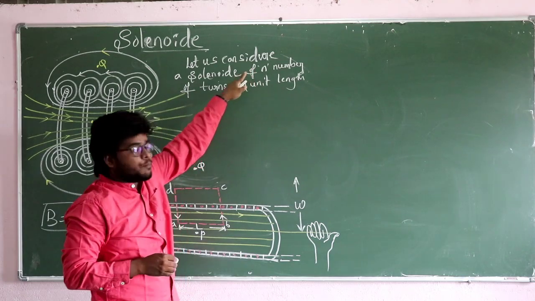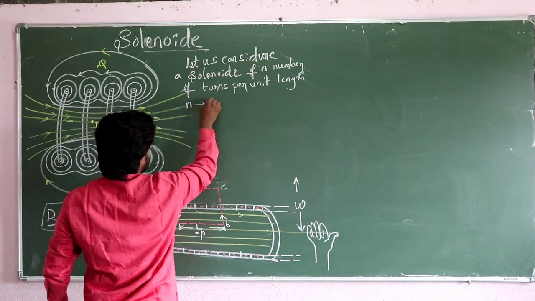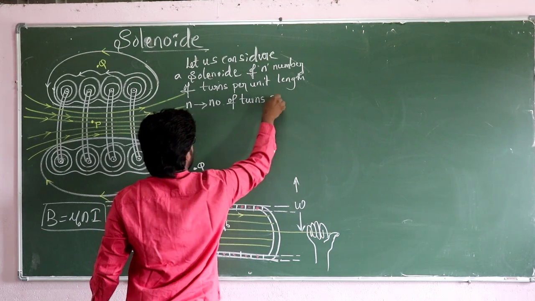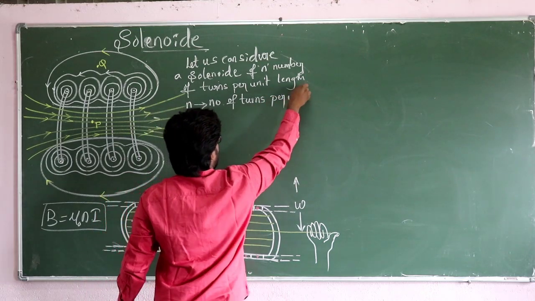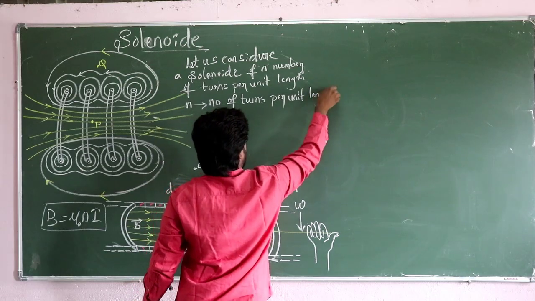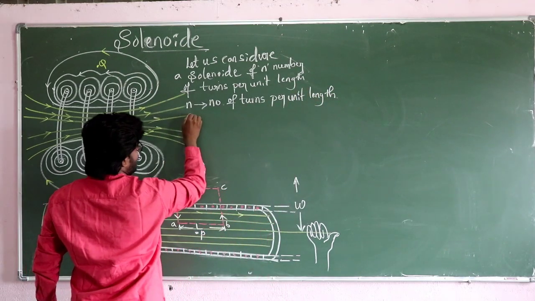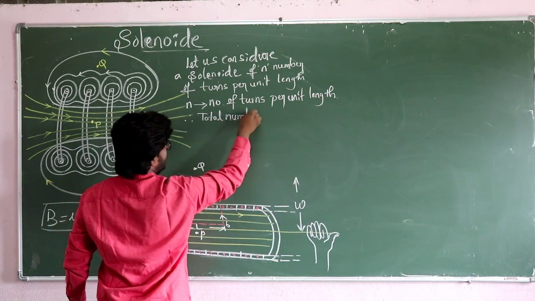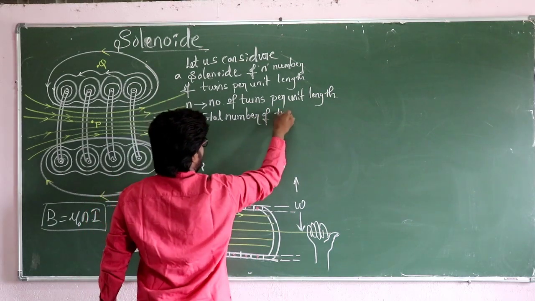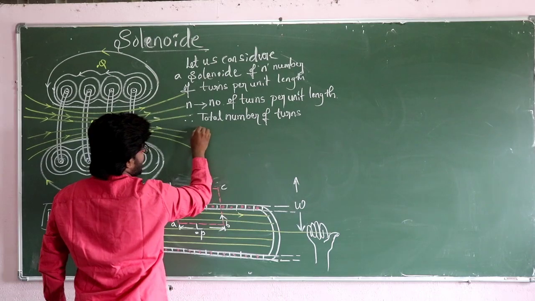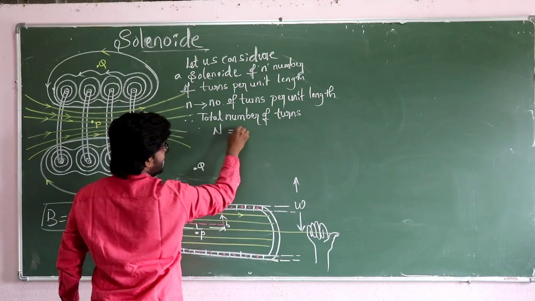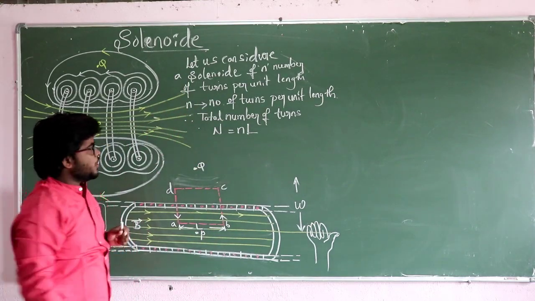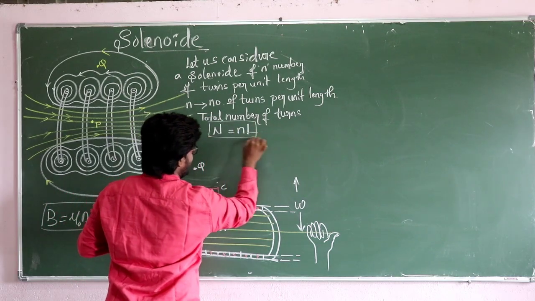What is n? N represents number of turns per unit length. Okay, so therefore total number of turns N is equal to n into l. n into l, understood? So this is the total number of turns.